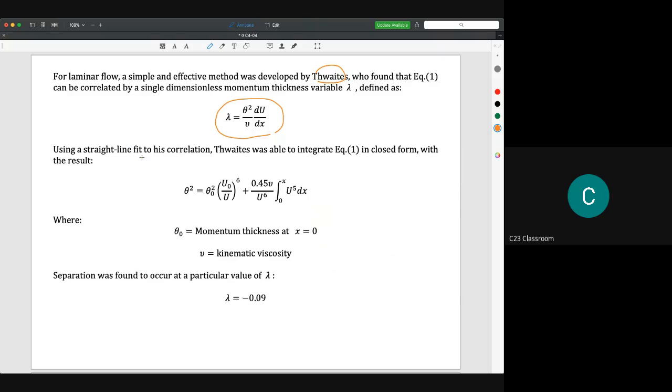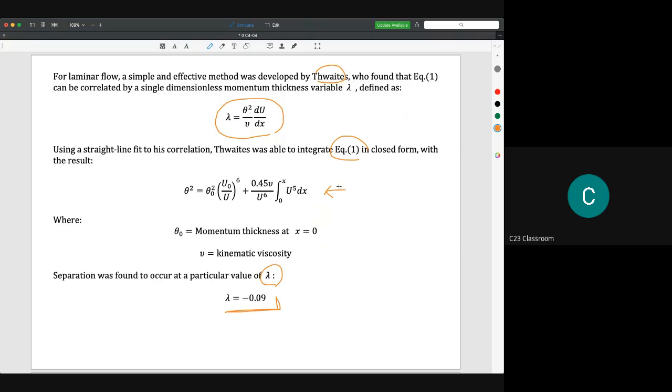Using a straight-line fit to his correlation, Thwaites was able to integrate equation 1 in closed form with this result. This is the equation that he proposed, and finally he could say that lambda is equal to minus 0.09. So if lambda reaches minus 0.09, at that point the separation will occur.